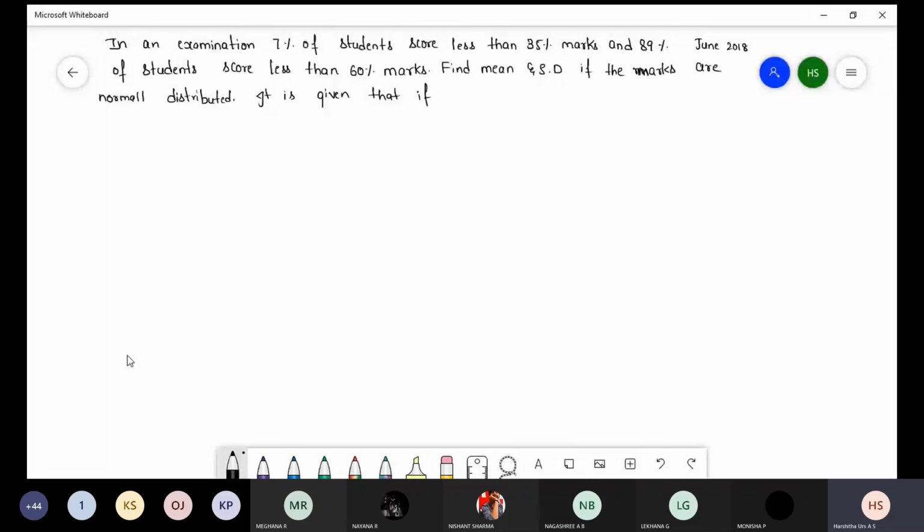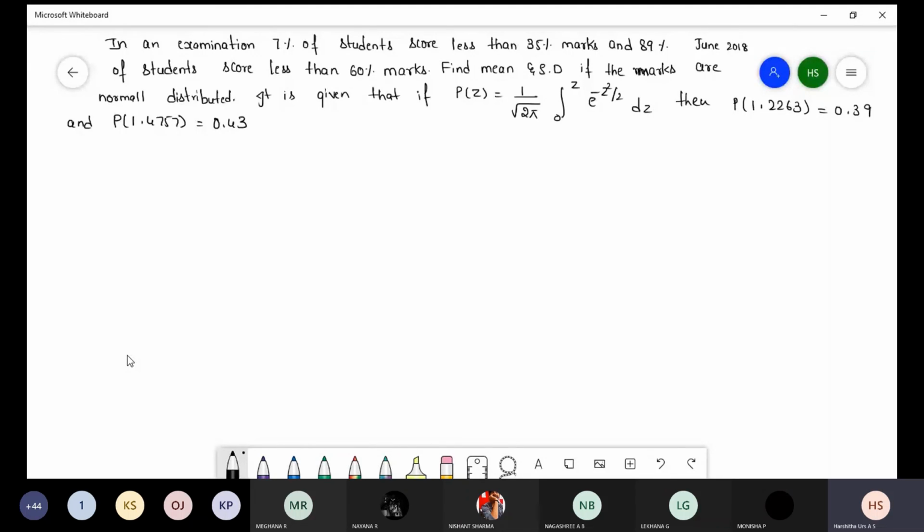If they provide in the question paper, then we won't give any values of that particular probability table sheet. Then phi of 1.2263 is equal to 0.39, and here they have mentioned phi of 1.4757 is 0.43.